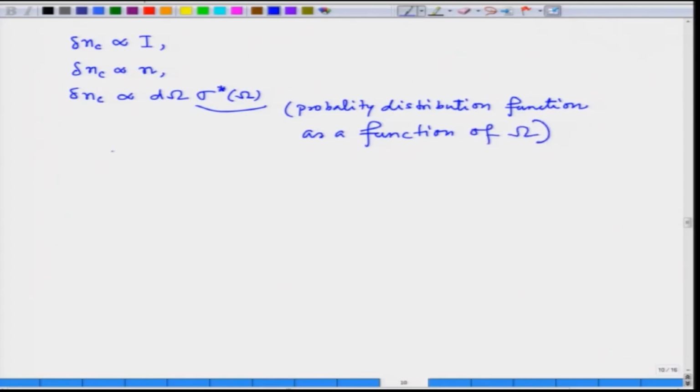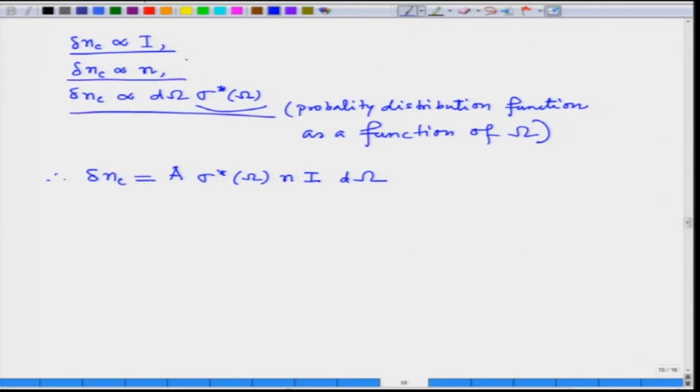Finally, by the rule of joint variation, this is exactly equal to sigma star omega n times I d omega times a constant of proportionality. Just remember that when I say each of these is true, the other two factors are kept constant.